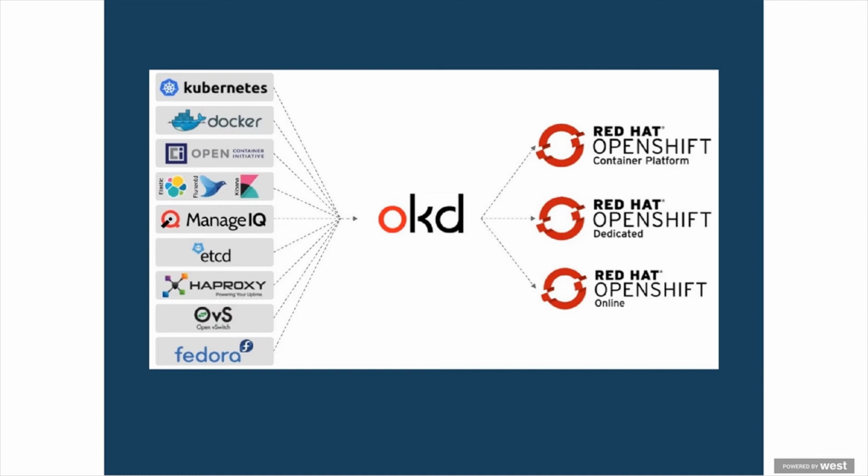The actual distro name is codenamed OKD, and we take in upstream bits from Kubernetes, from the OCI container community, from Fedora, from all over the open source space, and try to provide a supported collection of everything you need in order to be fully productive on any hardware.